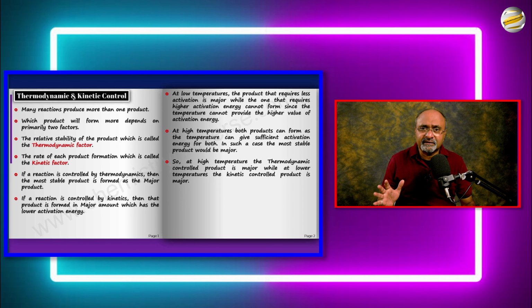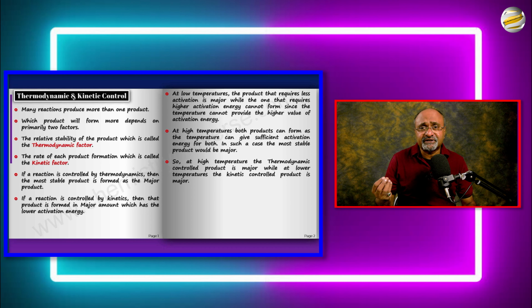What I mean by this is that when a reaction is happening at a lower temperature, lower temperature means less energy is being given to the reactants. And if one product requires high activation energy and one requires low activation energy, then at lower temperatures, the one which requires lower activation energy can form, whereas the one that requires higher activation energy cannot form because the temperature is not sufficient to give the reactants that much energy.